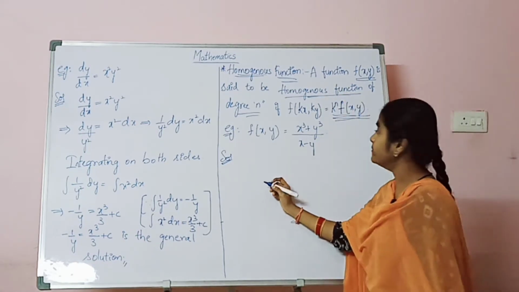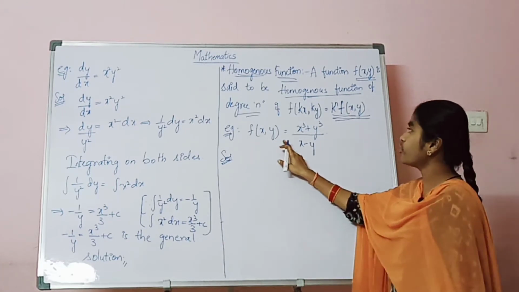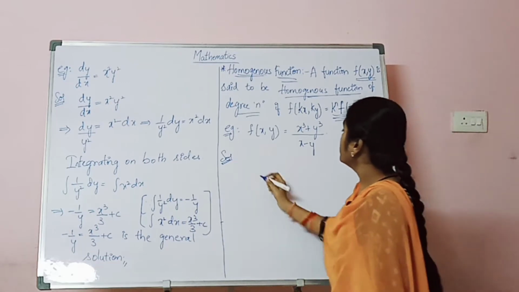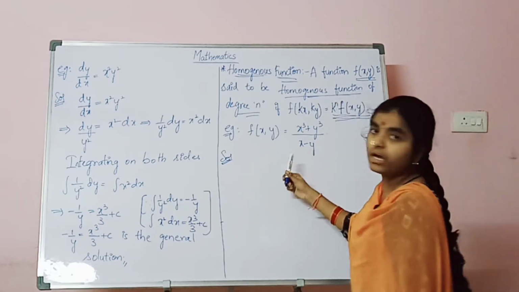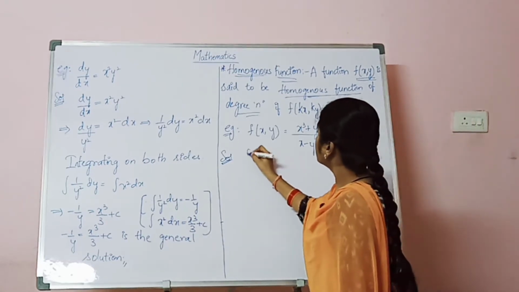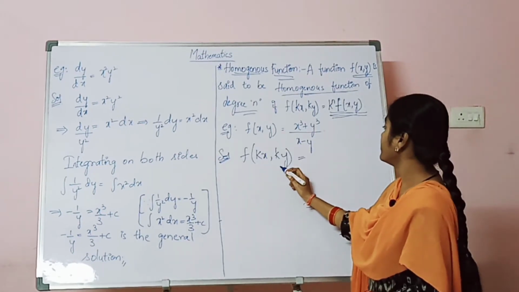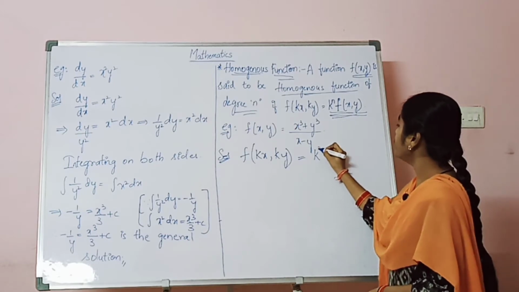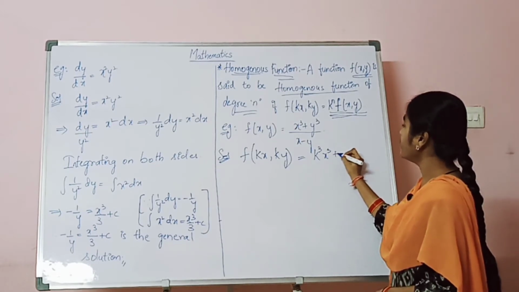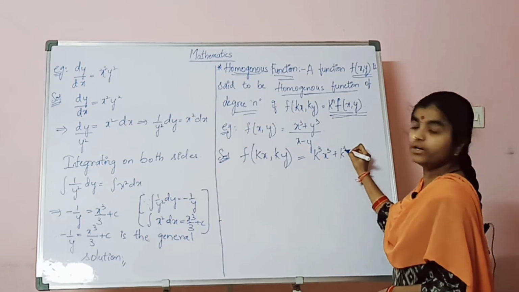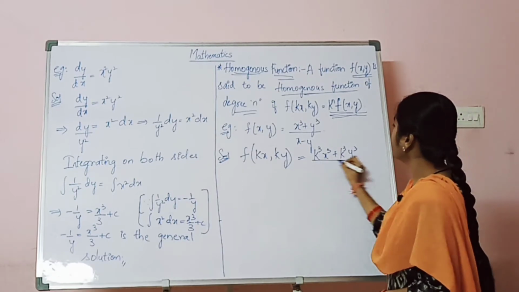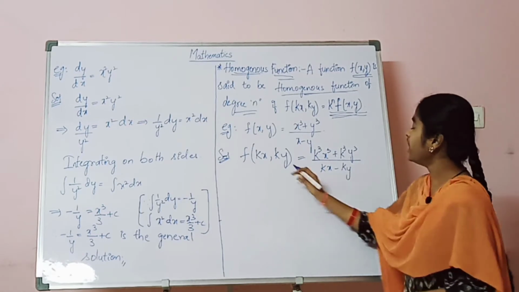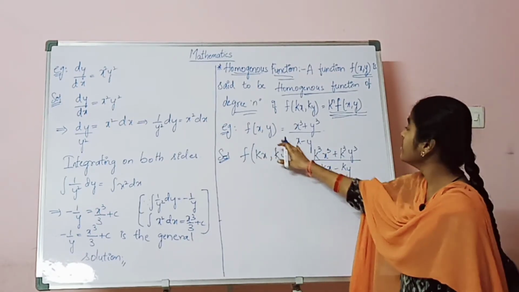Let us solve the example. What is given here? f of x comma y equals x cube plus y cube by x minus y. How can we write this? f of kx comma ky equals k cube x cube plus k cube y cube by kx minus ky. We apply k to f of x comma y.